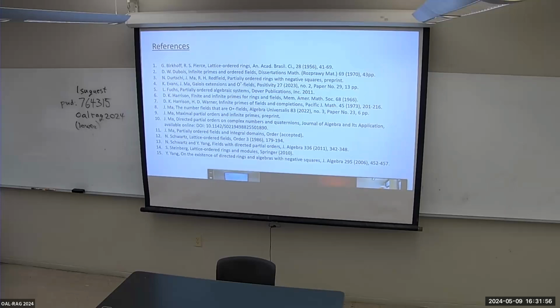If we consider a field, I don't feel it's useful for everything, because for a field it will be a total order, and also for an integral domain it will be a total order.